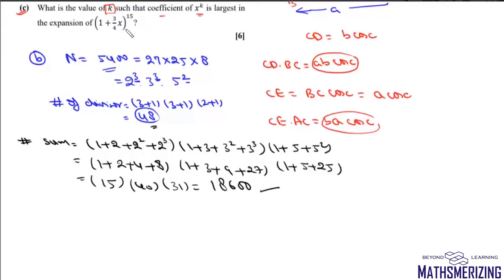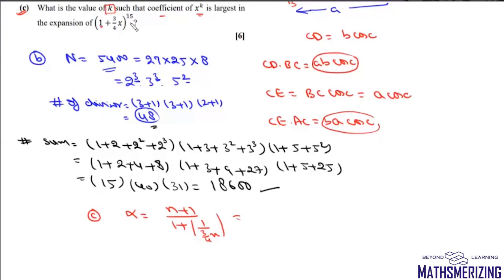So for this we'll find alpha, which is n plus 1 upon 1 plus x by a. Now x in this case is 1 and a is 3 by 4x.